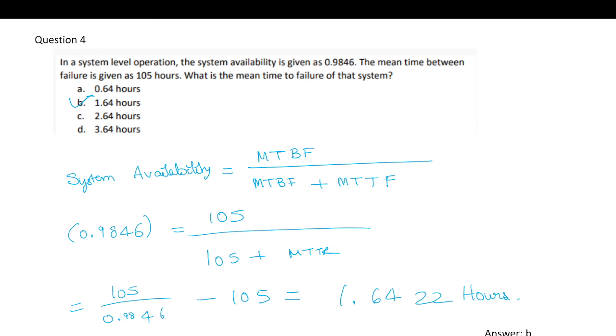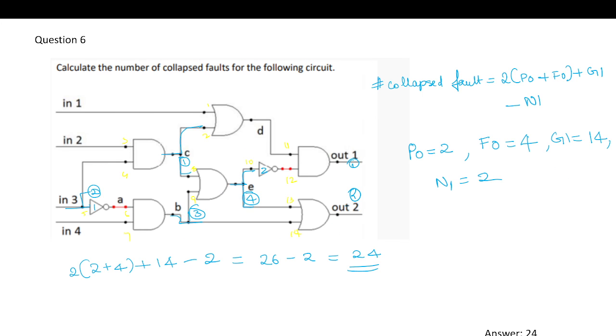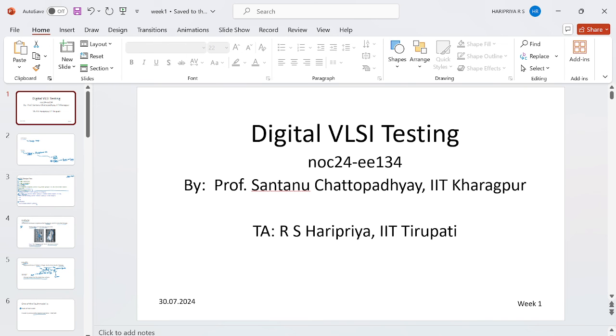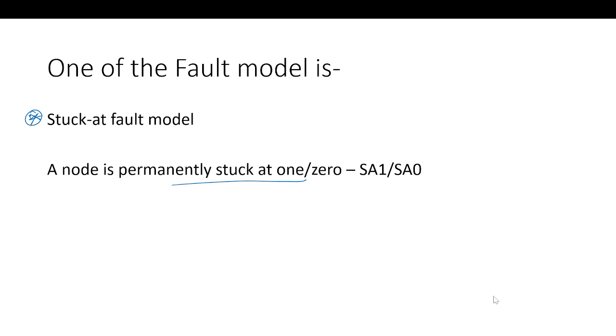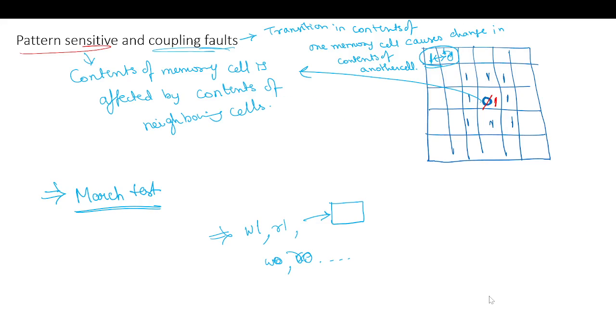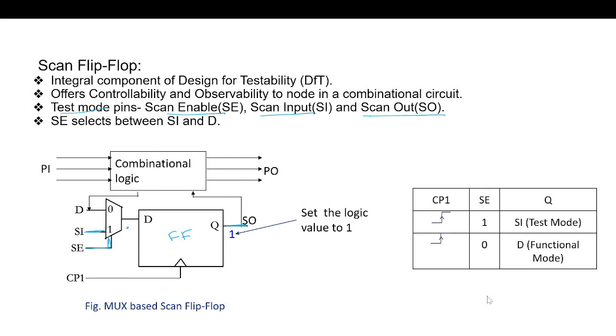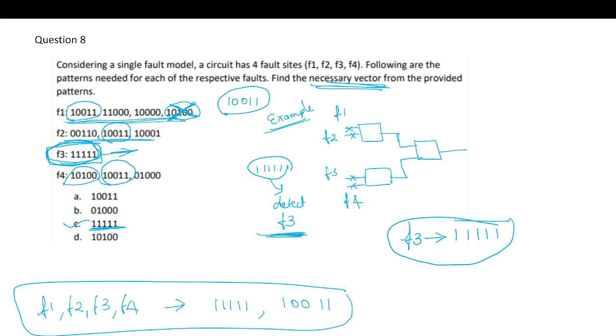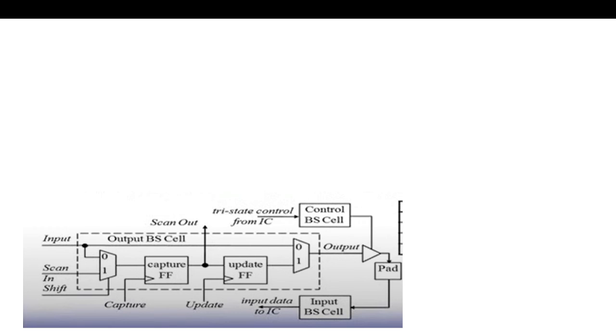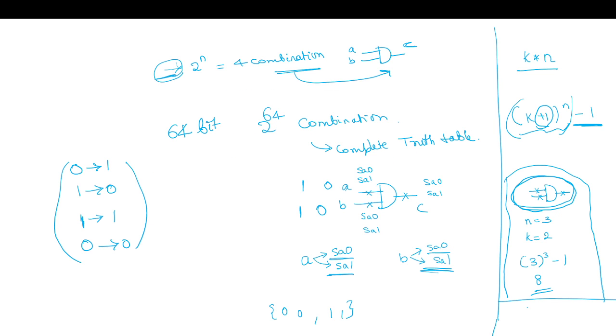Okay. That k plus 1, can you try for an AND gate, or we will discuss it in the next class? Because I am also not very sure why it is k plus 1. But it's raised to the power n because we need to have the combinations, like for all the combinations.